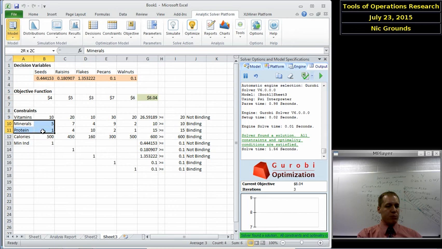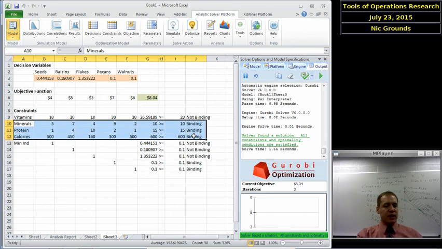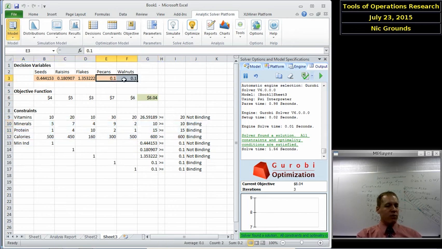Well, it's still minerals, proteins, and calories, but now it's not a minimum of 0, it's the minimum of 0.1 for pecans and walnuts. So effectively, the pattern still held of choosing the minimum amount we could of pecans and walnuts, because they're expensive, and then filling the rest of the bag with mostly flakes, some seeds, and even fewer raisins to meet the nutritional requirements.